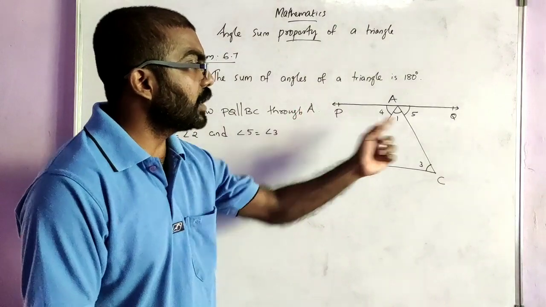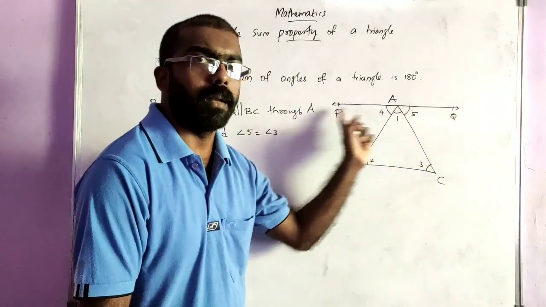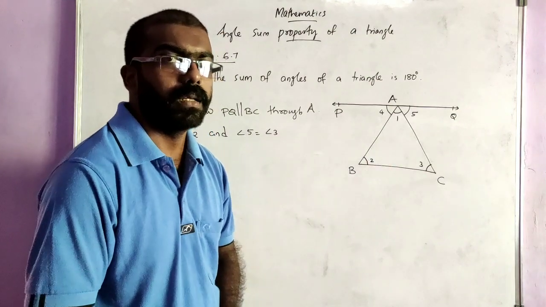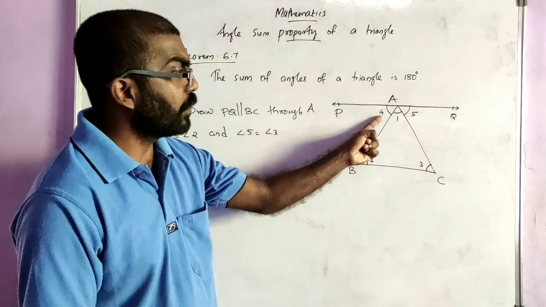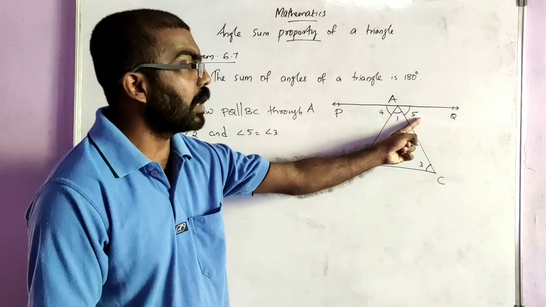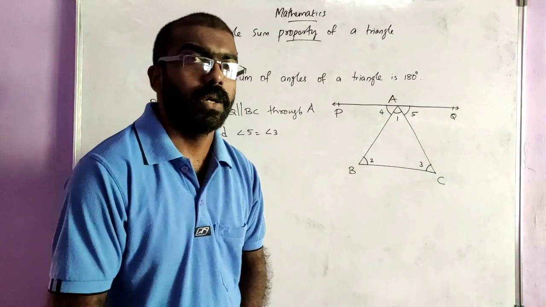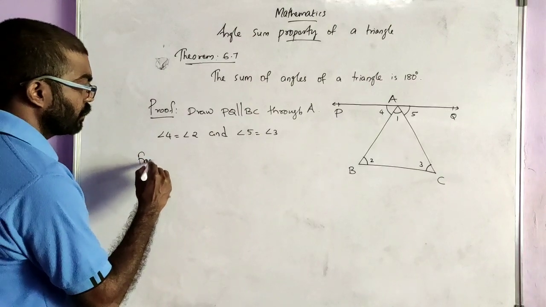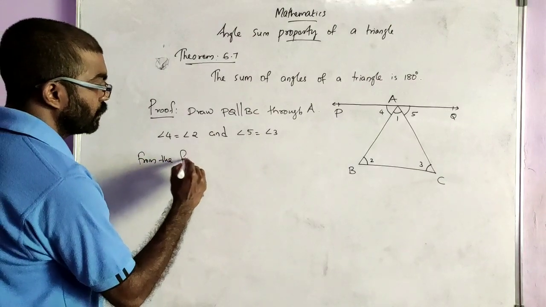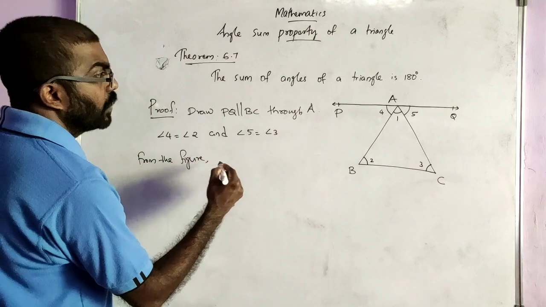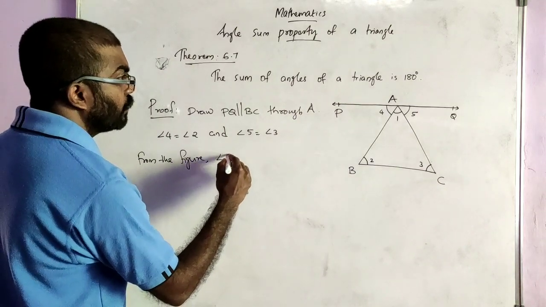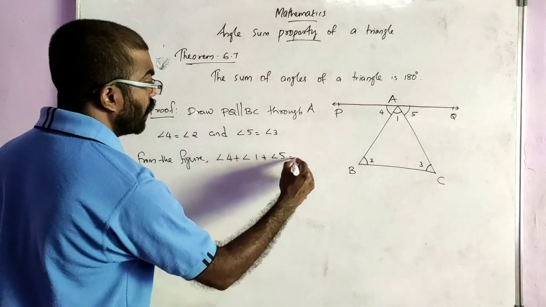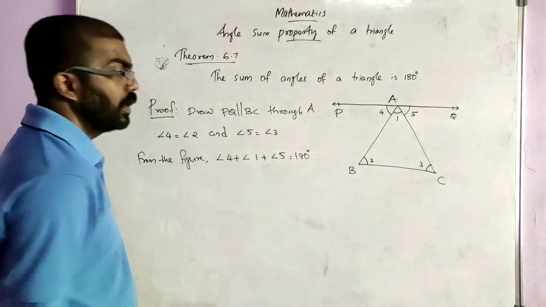From the figure itself, it is clear that PAQ is a line, and we know the straight angle measures 180 degrees. So what can we write? Angle 4 plus angle 1 plus angle 5 gives how much? 180 degrees. Okay, so from the figure we can write angle 4 plus angle 1 plus angle 5 equal to 180 degrees.